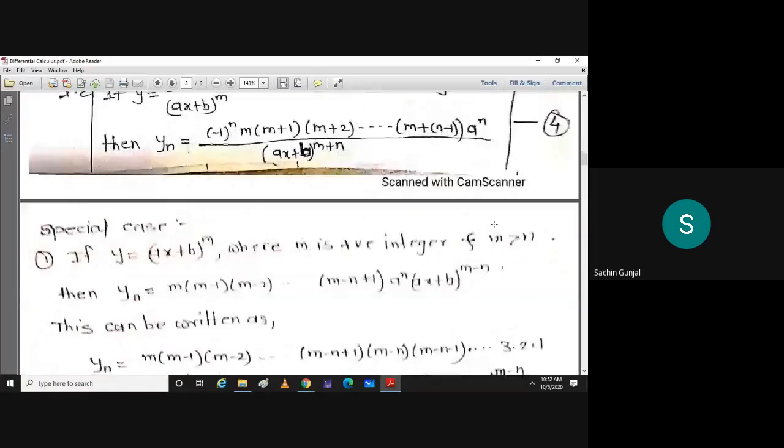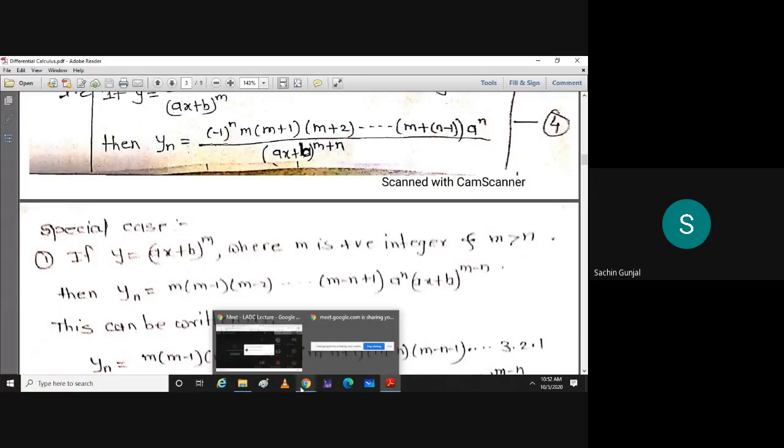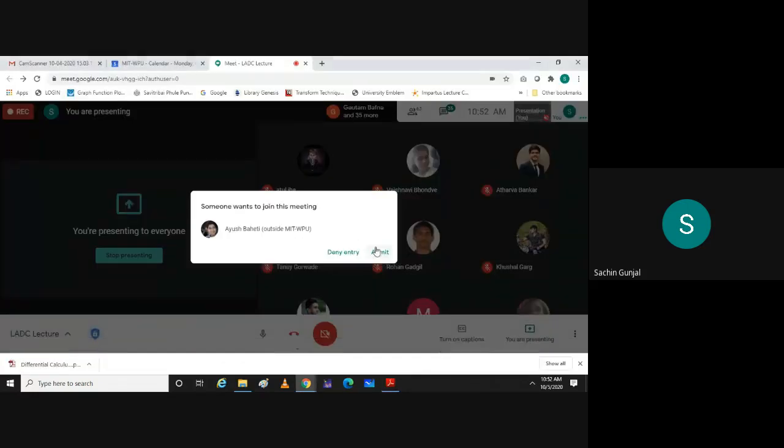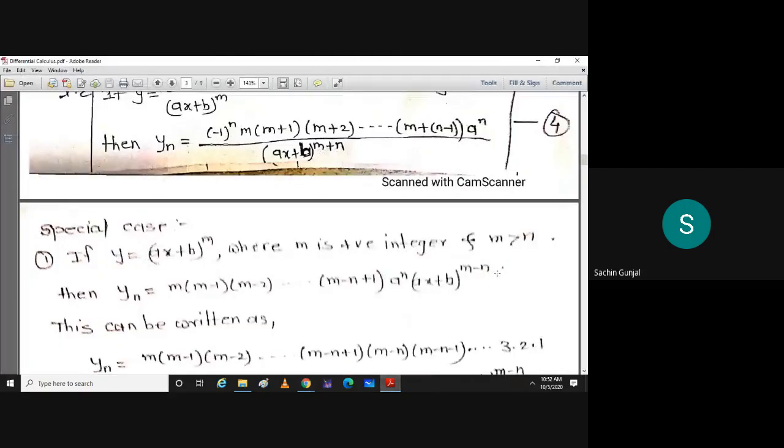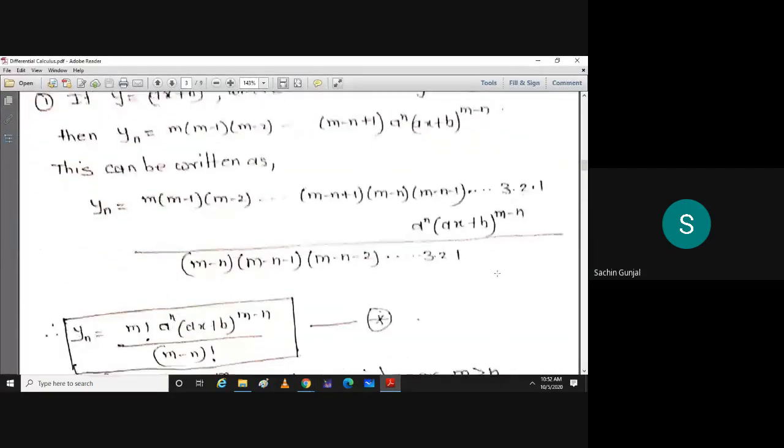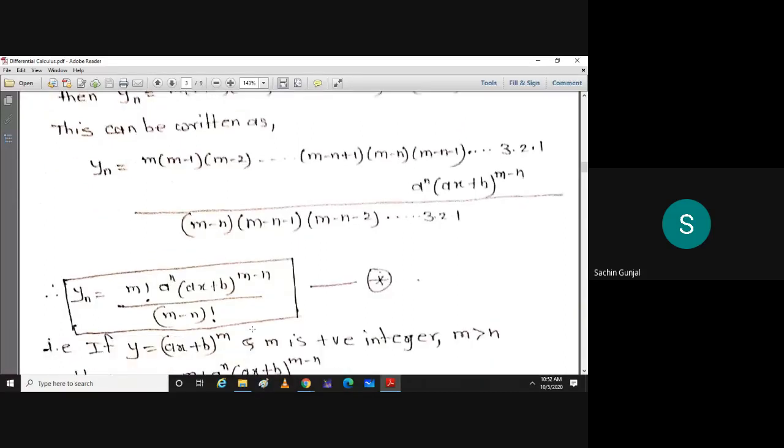So when m is a positive integer and m is greater than n, then we have m factorial a raised to n (ax plus b) raised to m minus n upon (m minus n) factorial.